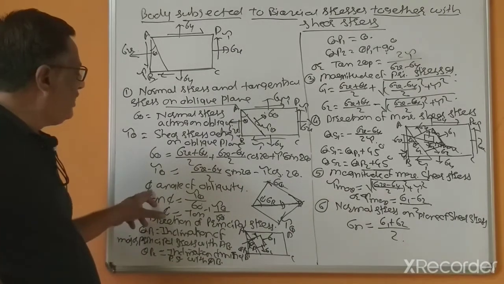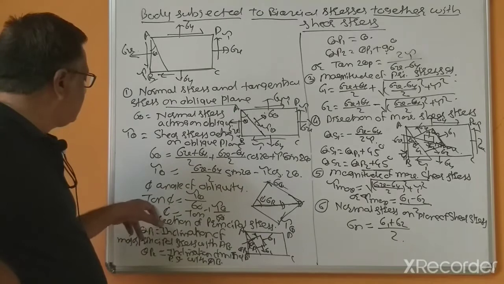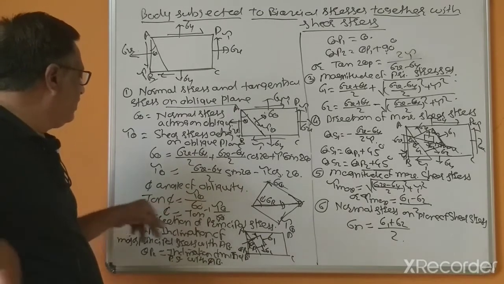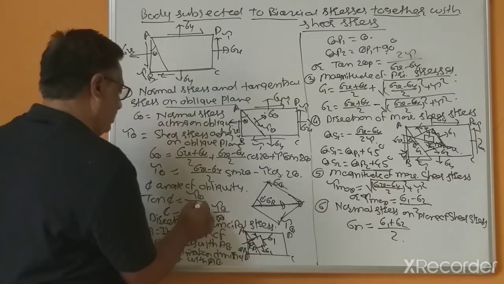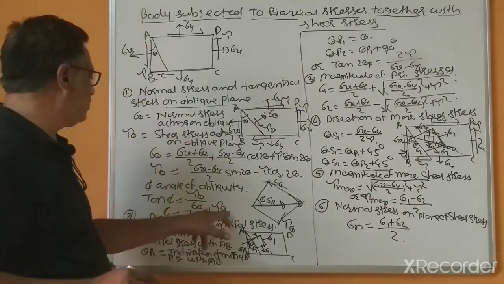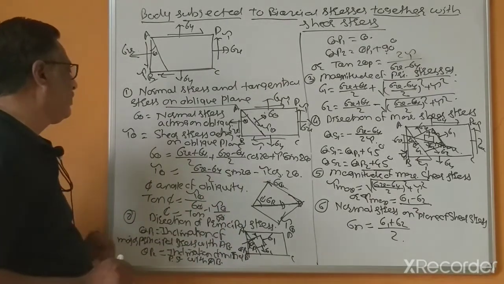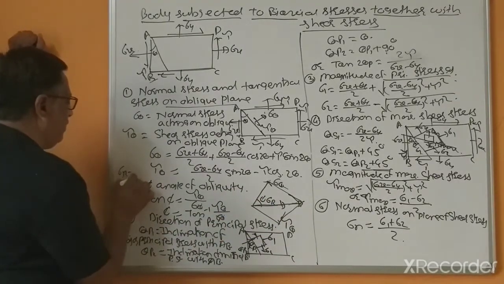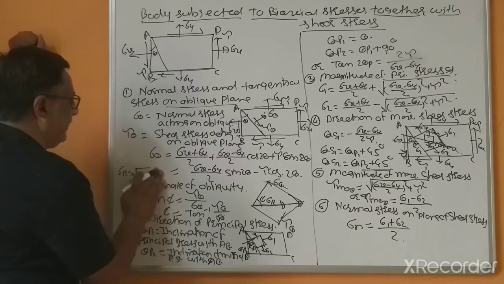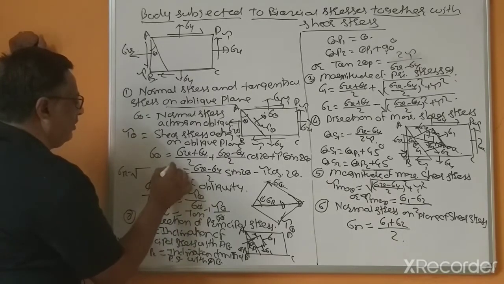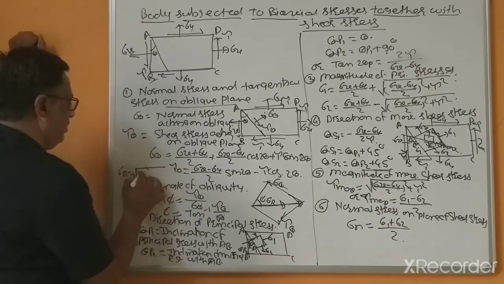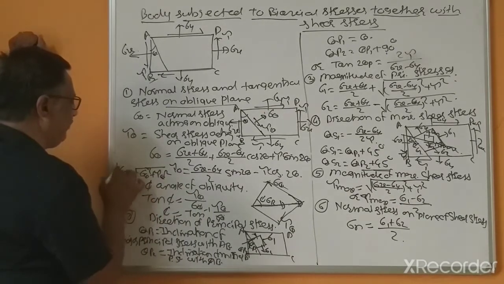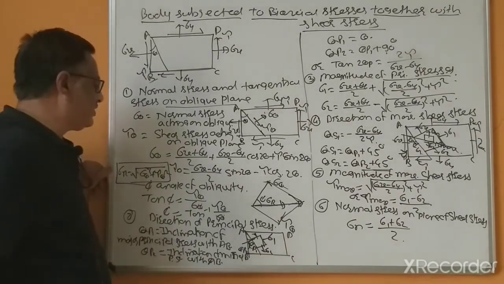Now phi is the envelope of the obliquity. So tan phi equal to tau theta divided by sigma theta. Otherwise phi equal to tan inverse of tau theta divided by sigma theta. And this sigma r you can calculate by using the formula square root of sigma theta squared plus tau theta squared, and this is the resultant stress.